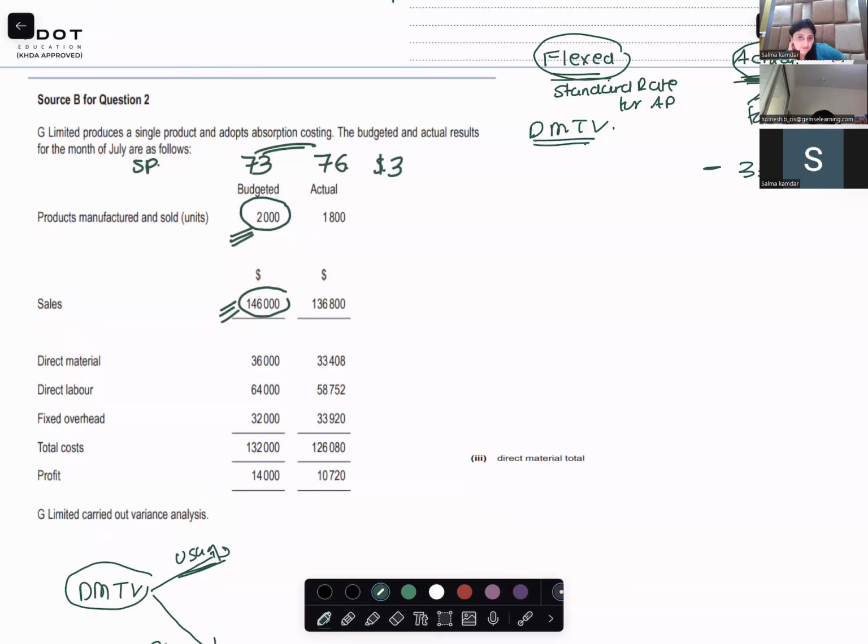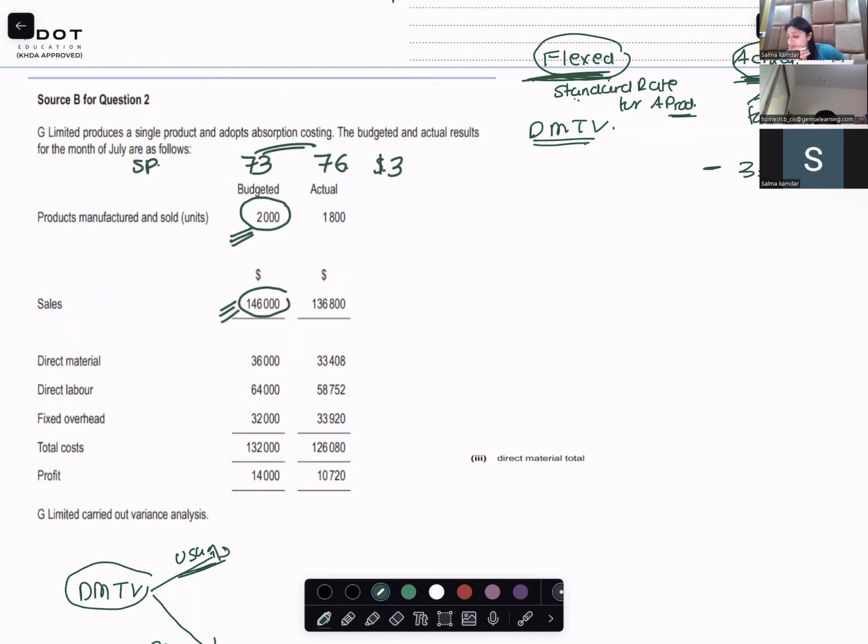Does it give you this only? What does the flex budget tell you? The flex budget gives you the multiplication of standard rate into actual production.